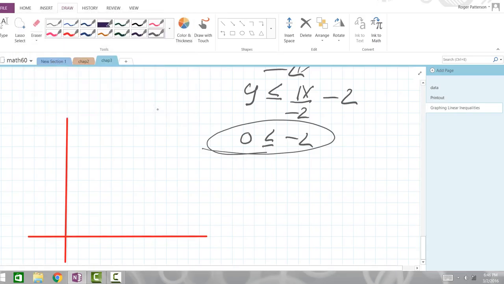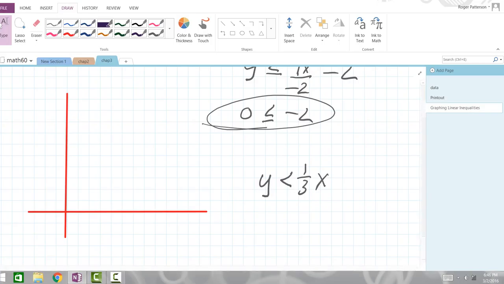So they're going to have some that are going to be like y is less than 1/3 x. Okay, so we'll do one like this. What is the y-intercept? 0.